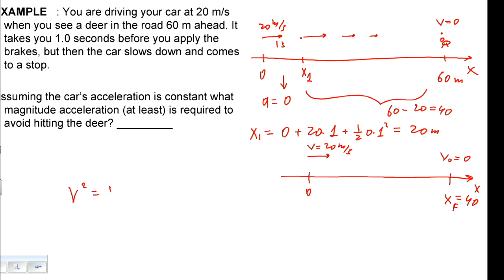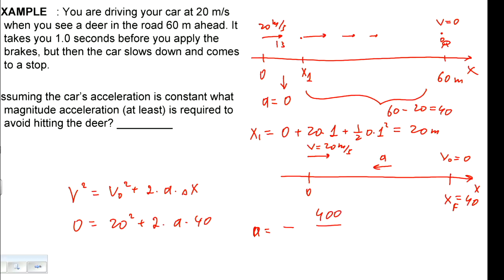Final velocity squared should be equal to initial velocity squared plus 2 times acceleration times displacement. So 0 should be equal to 20 squared plus 2 times acceleration times 40. Done. It will be negative, of course, because we are slowing down. So the acceleration has to point opposite to velocity, which means to the left, which means negative. It will be equal to negative 400 over 80.